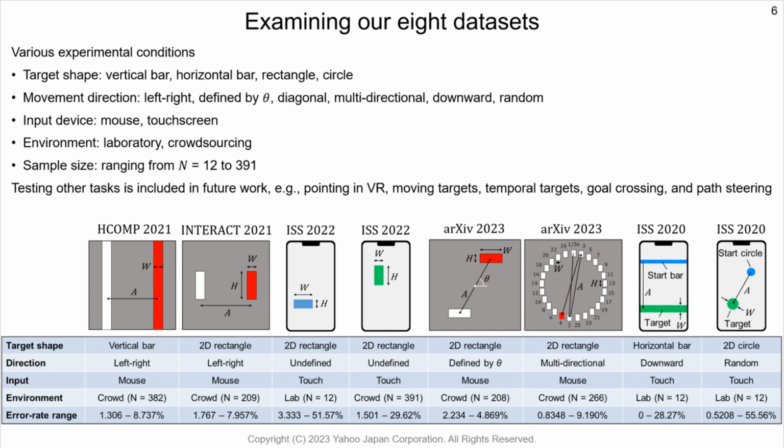Therefore, we tested various conditions regarding target shape, movement direction, input device, experimental environment, and sample size. Testing other tasks is included in our future work, such as pointing in virtual reality environment, moving targets, temporal targets, goal crossing, and path steering.